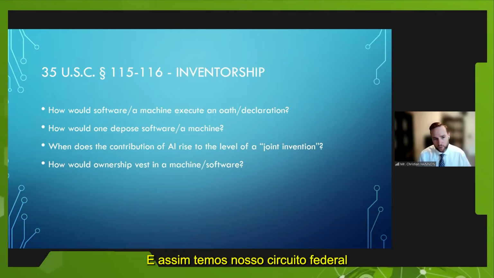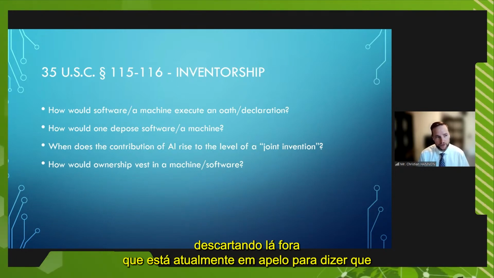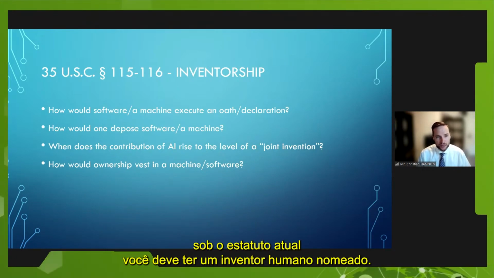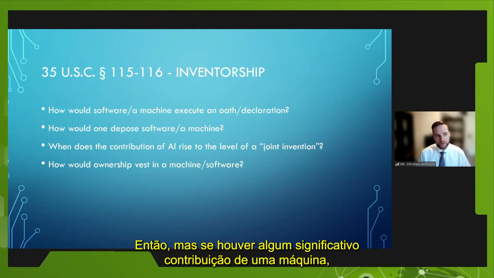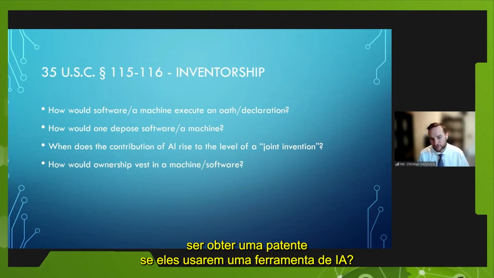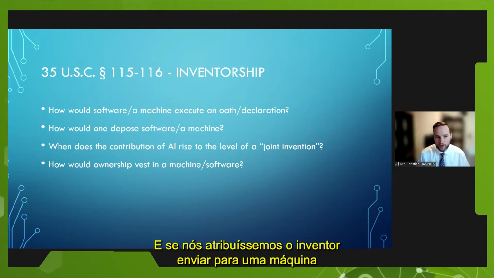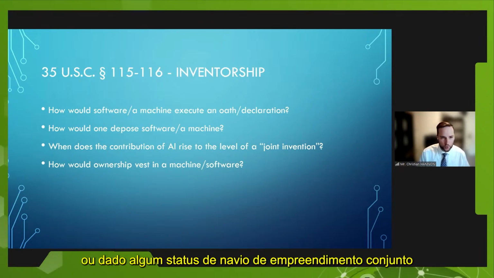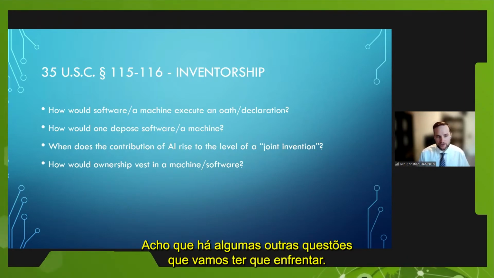We've got a Federal Circuit ruling out there, currently on appeal, saying that under current statutes you must have a human named inventor. But if there is some significant contribution from a machine, to what effect is that? Will that stifle the ability of a human being to get a patent if they used an AI tool? And if we did ascribe inventorship to a machine or give it some joint inventorship status, I think there are some other issues that we're going to have to grapple with.